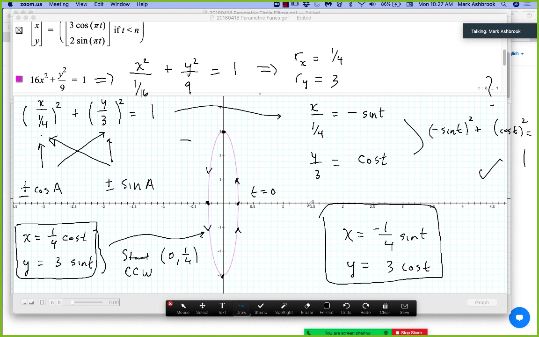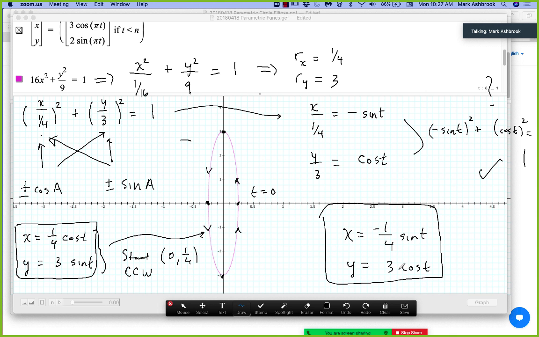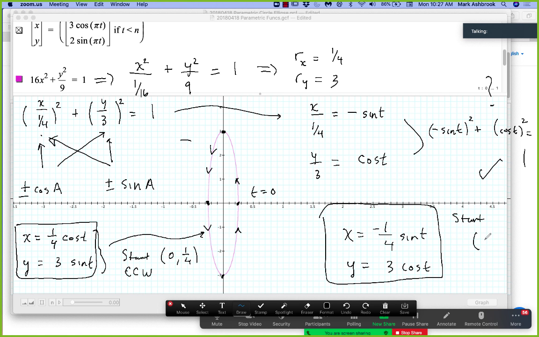And then, which way will it generate? x will decrease from 0 to negative 1/4, and y also decreases from 3 to 0. Oh, this should be 1/4, 0. If I make a mistake, please speak up so that people aren't out there being unsure about that.